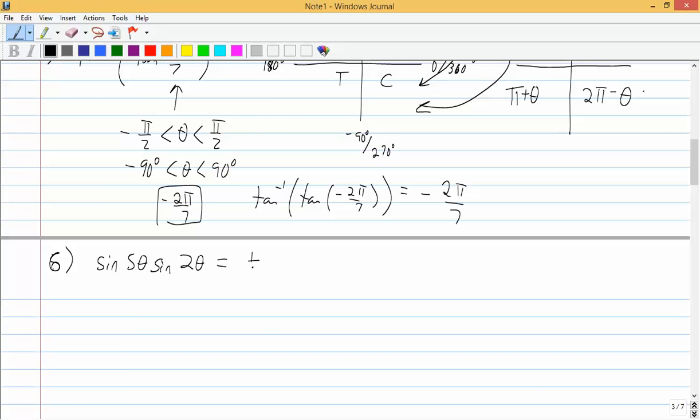It's equal to 1/2 times cosine of alpha minus beta minus cosine of alpha plus beta. Alright, so that's 1/2 times cosine of 3 theta minus cosine of 7 theta.